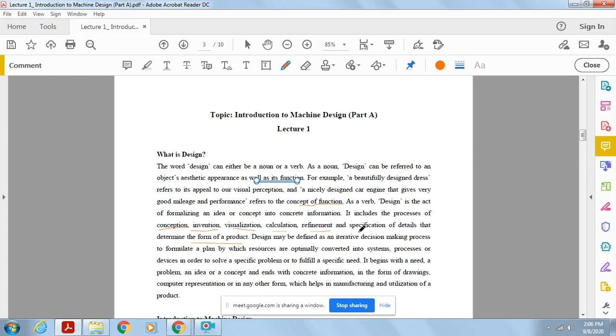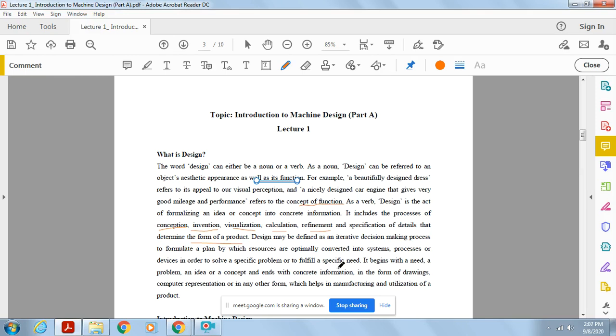So if we consider design as a verb, it consists of these parameters: first conception, then invention, then visualization and calculations, then refinement and specification of all those details that determine the form of the product. Every product has certain characteristics, and all those characteristics constitute the term design in detail.